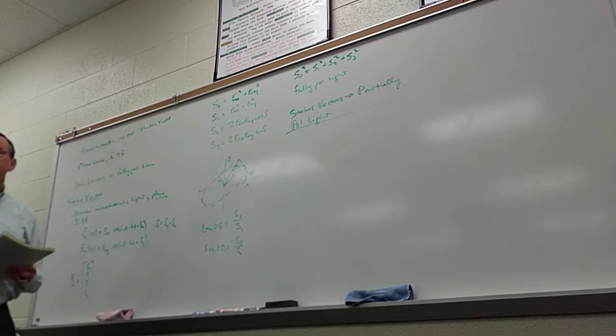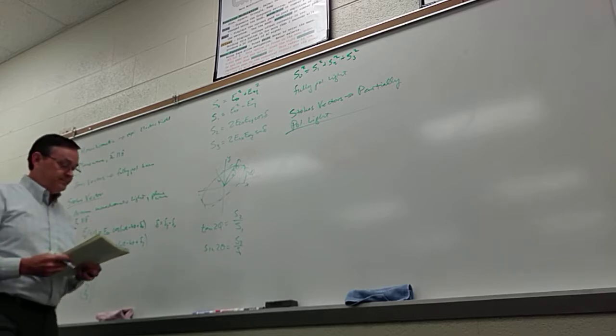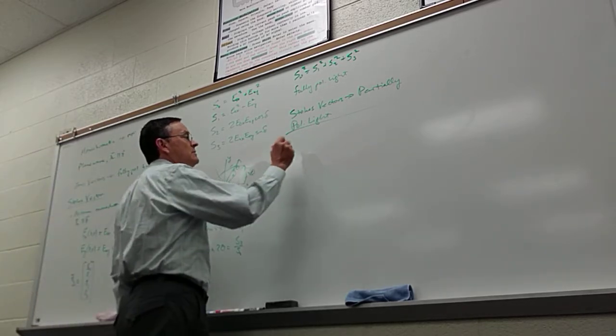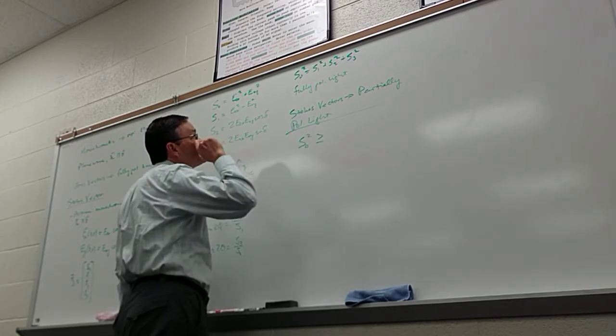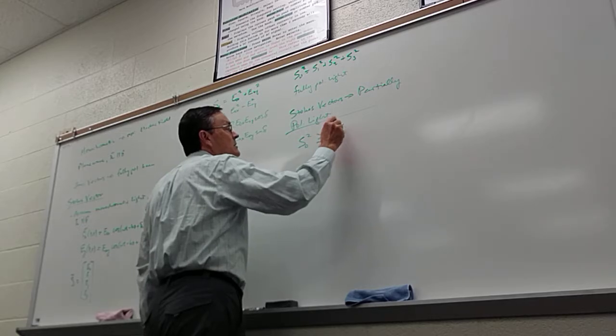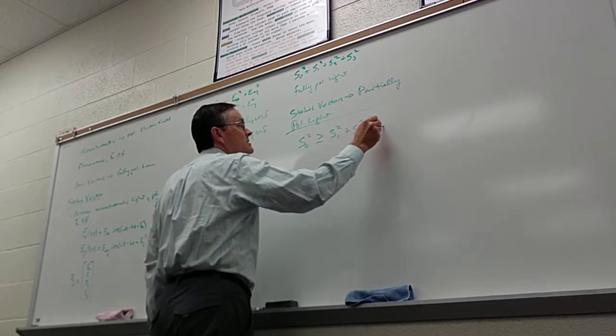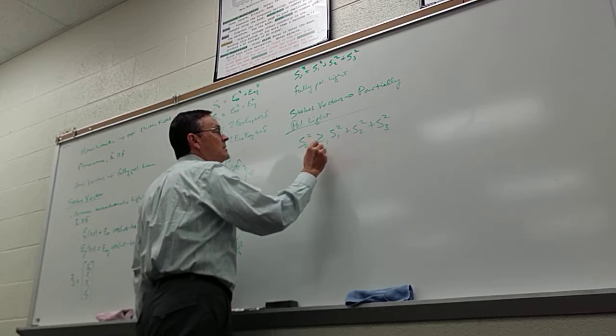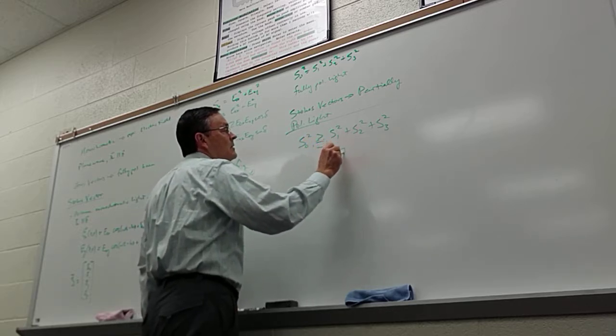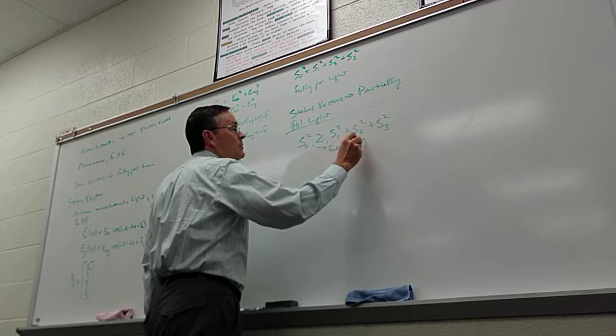Yes, correct. Okay. So, in general, S0 squared is greater than or at most equal to S1 squared plus S2 squared plus S3 squared. And the equal sign is only true if we have fully polarized light.